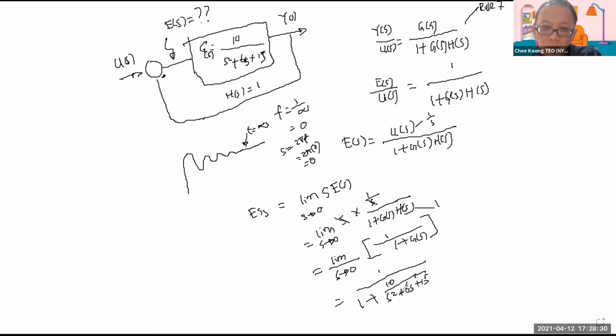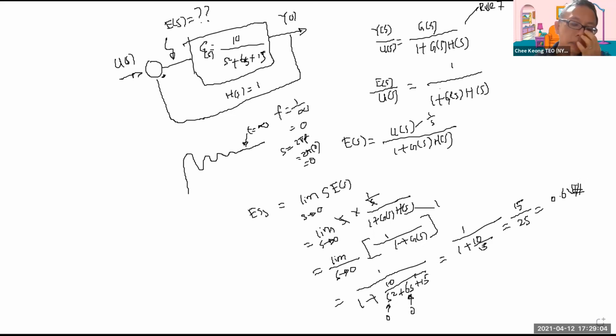Because we take the limit, the S squared term and the 6S term go to 0, so you are left with 1 over 1 plus 10 over 15. If you solve this, it is 15 over 25, which gives you 0.6 volt. So that is for part 1, the steady state error.